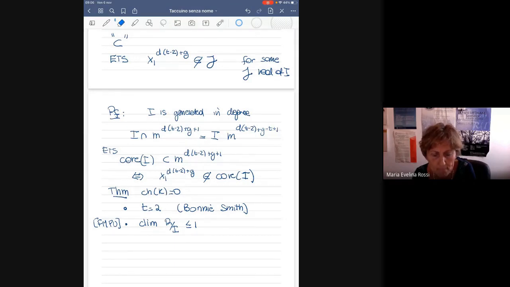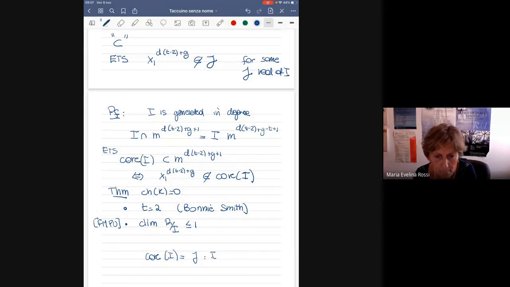What is the core for small reduction number? Obviously, in the primary case we know it anyway, because in the primary case the formula I wrote is true in general. That's the formula that we proved with Ulrich: in the primary case, the core is always J squared colon I, since the reduction number you told me was 2.